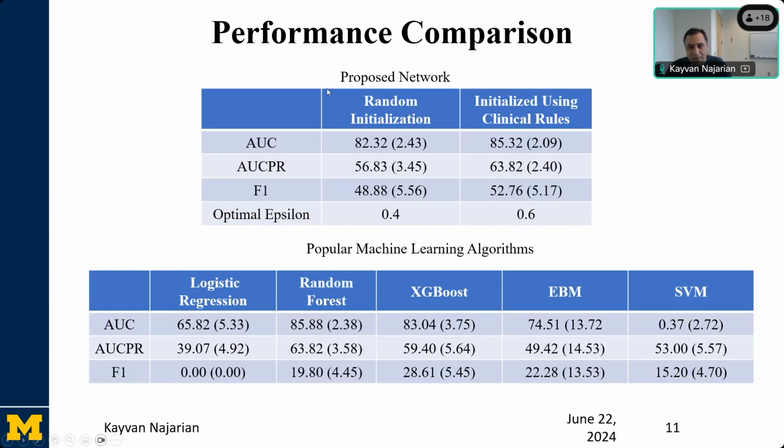All I want to show you here is that when we look at metrics like AUC, AUCPR, F1 score, and other factors, and I'll explain them later on, the performance that we get from this algorithm is completely on par with other techniques, actually superior to things like logistic regression, EBM, support vector machine, and even XGBoost.